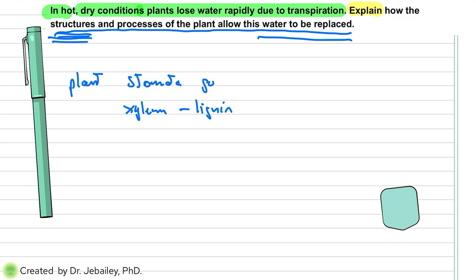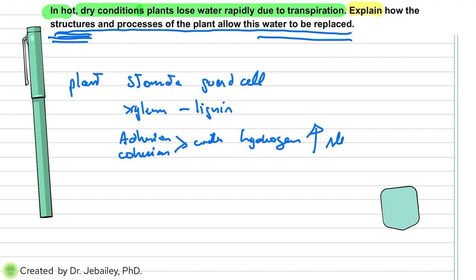We can talk about the guard cells, which we already talked about, how the guard cells are controlling the stomata. We can talk about adhesion and cohesion, which are properties of water due to hydrogen bonds, and they can cause capillary action, which moves water up the stem. So these are the main things you can talk about for the plant.